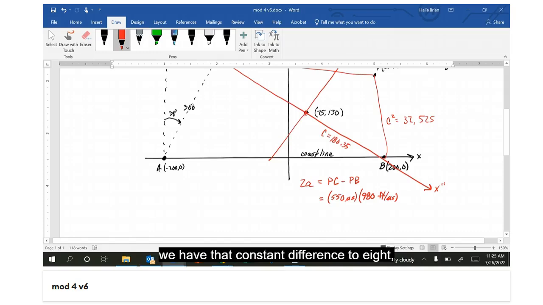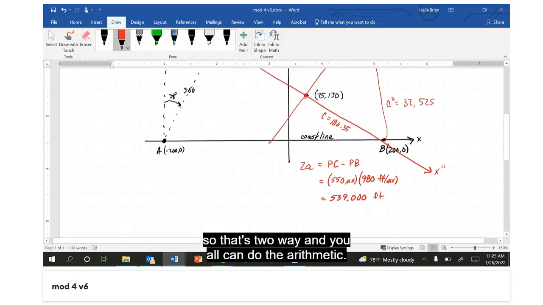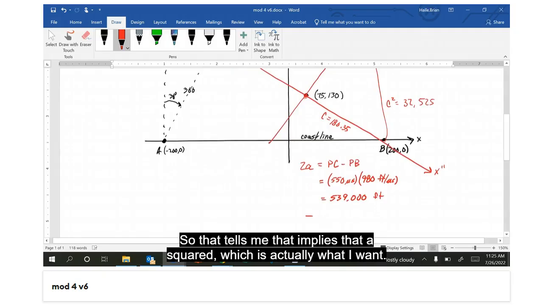So we have that constant difference, just like we did before, and we get 539,000 feet, which means that's 2A, and you all can do the arithmetic. That implies that A squared, which is actually what I want.